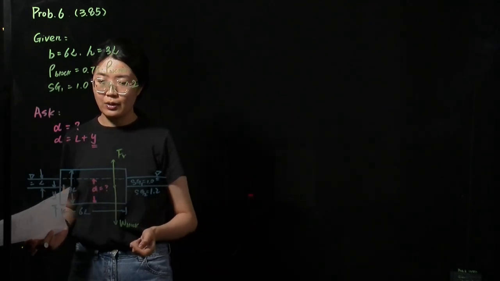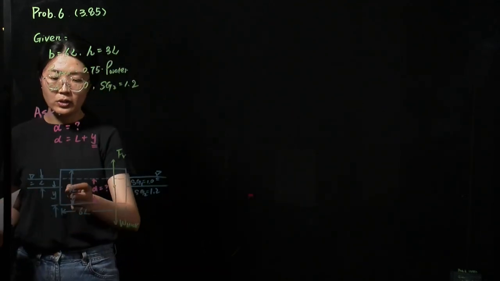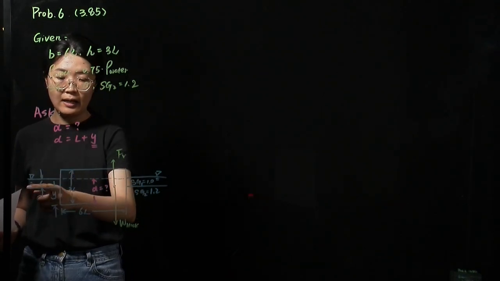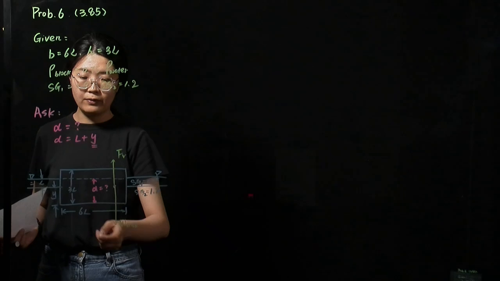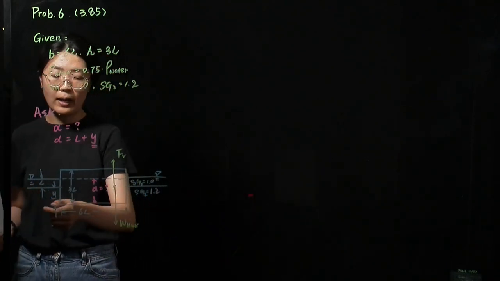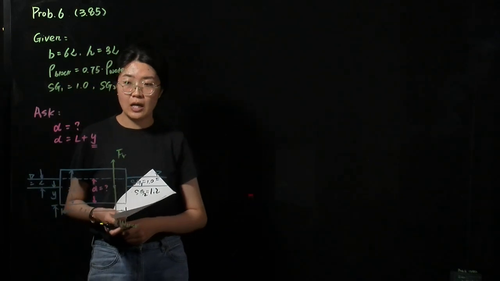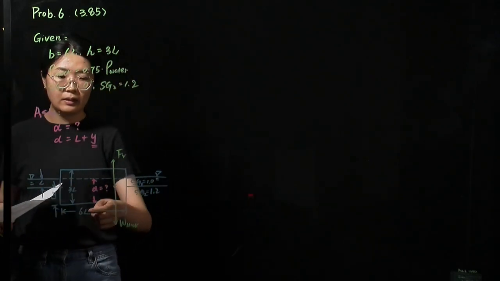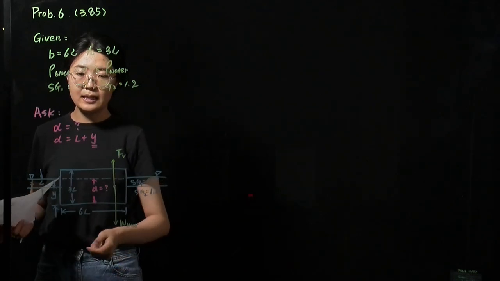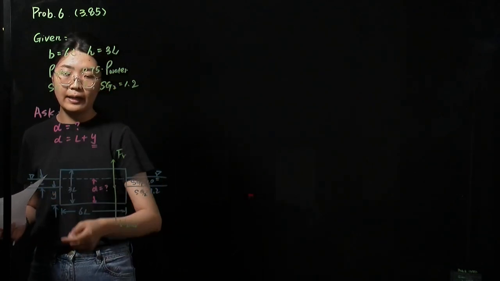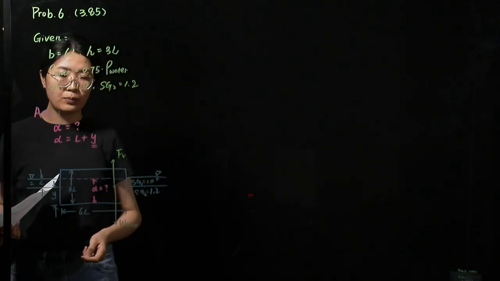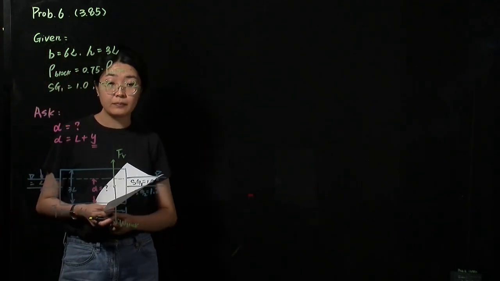And we also know the length of this block submerged in the first liquid is L, and the length submerged in the second liquid is Y. So we need to determine the parameter D. In this plot, we can see D should equal L plus Y. So in the end, we should figure out how to represent Y.